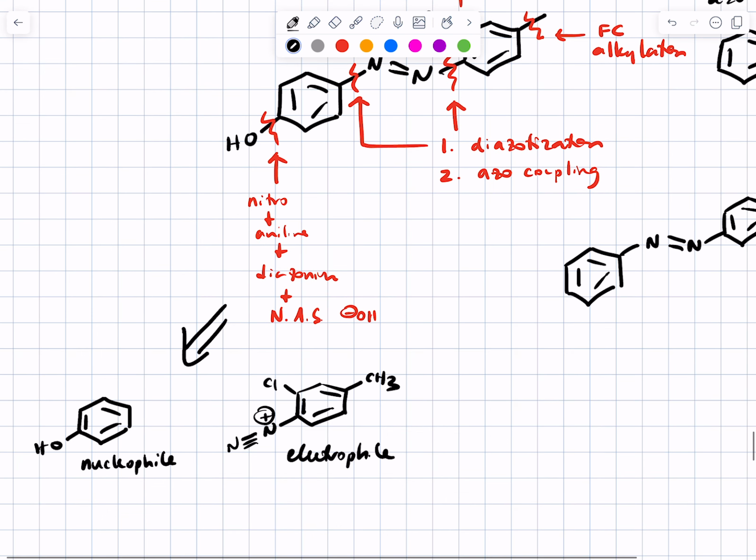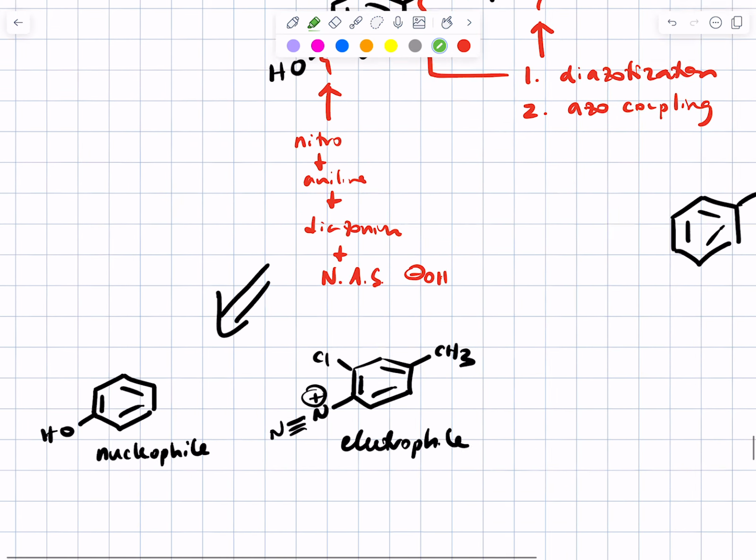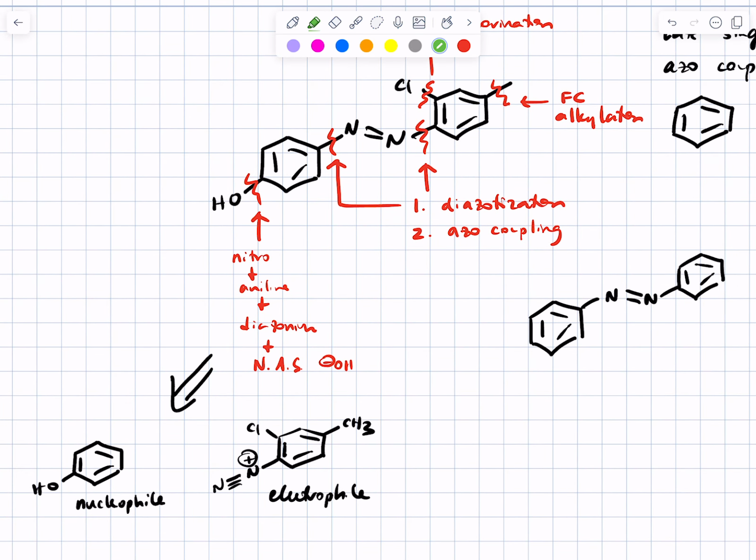And then, of course, the coupling reaction involves the benzene attacking the nitrogen here. We can see whether that's reasonable by seeing whether we can expect the azo group to end up on the para-carbon.